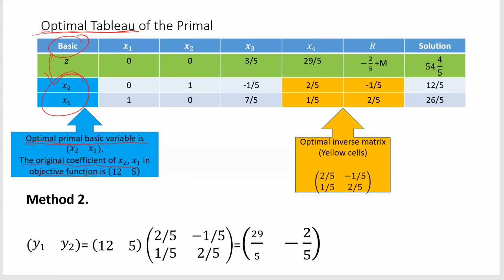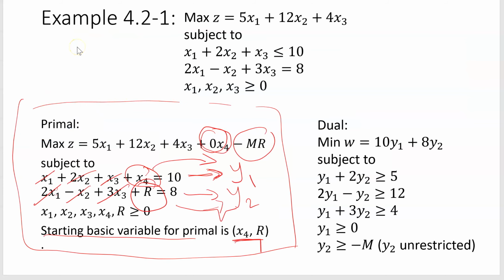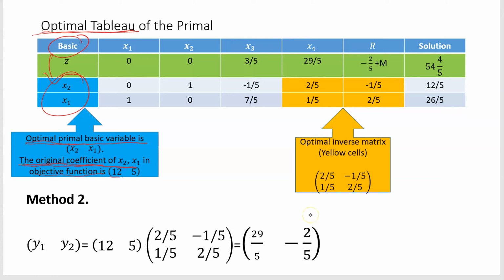That's why we write x2, x1. Then we find the original coefficients of x2 and x1 in the objective function, when you write the primal in standard form. For x2 the coefficient is 12, and for x1 it is 5. So we have 12 and 5.